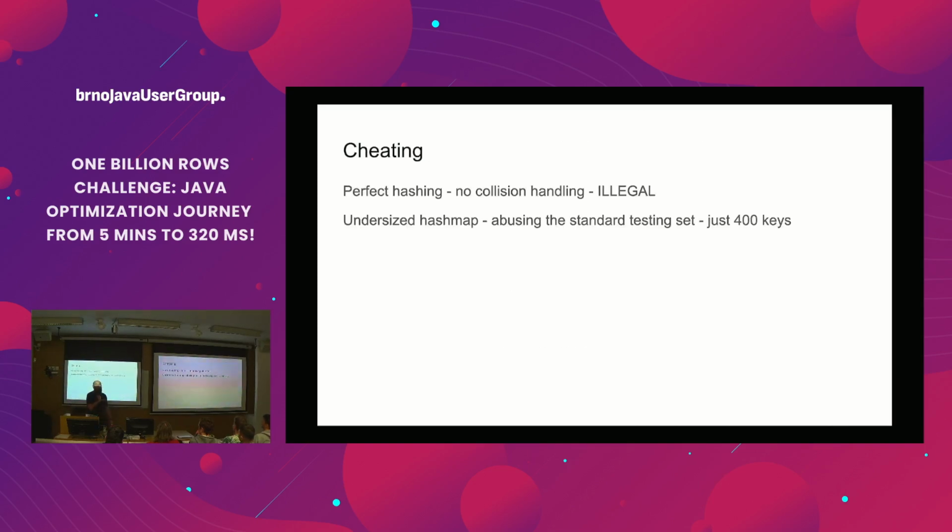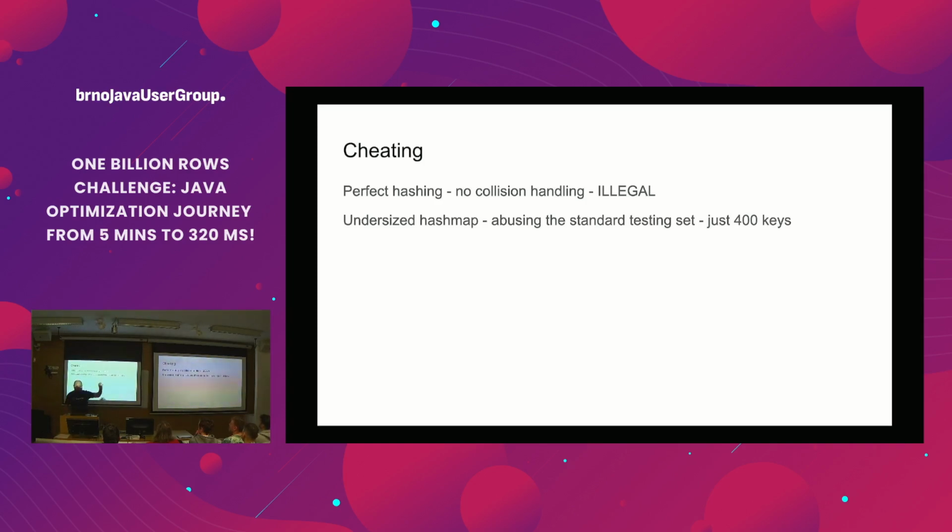Last thing, cheating. Some people tried to cheat. One way to cheat is if you know the names of the cities up front, you can construct a special hashing function which will never have any collision. And if you never have any collision, you don't have to handle collision. It simplifies the hashmap implementation. You remember the algorithm?